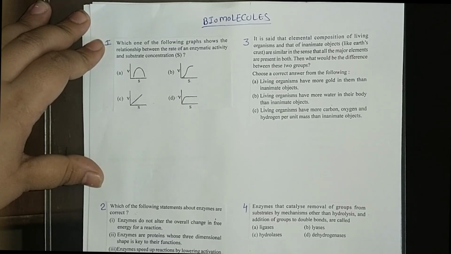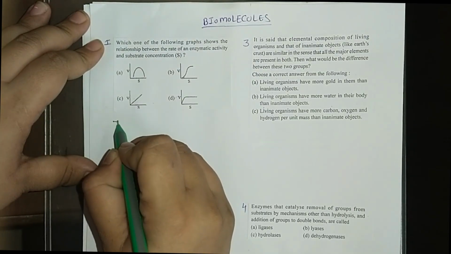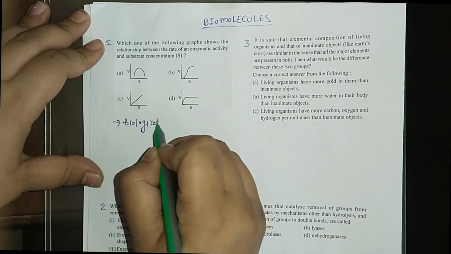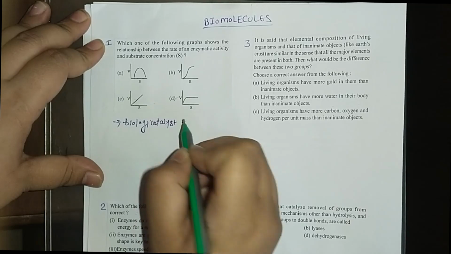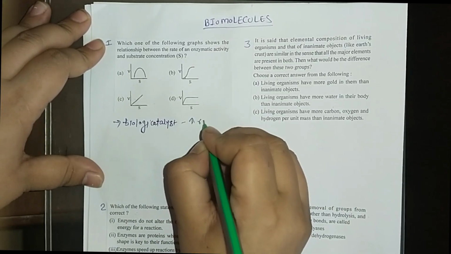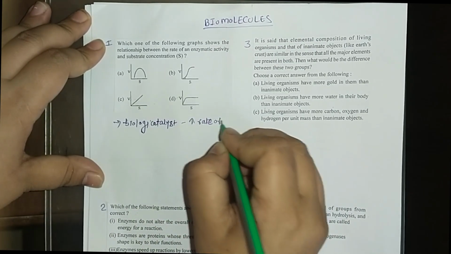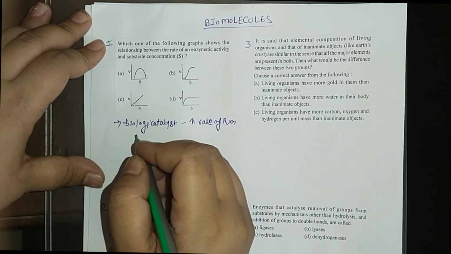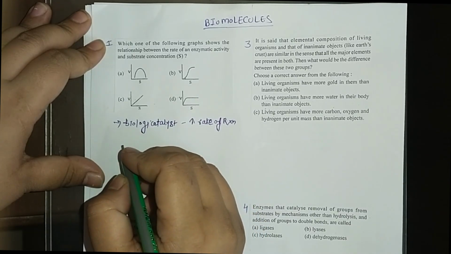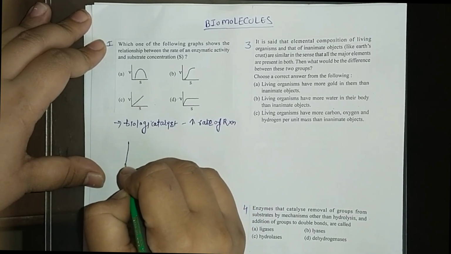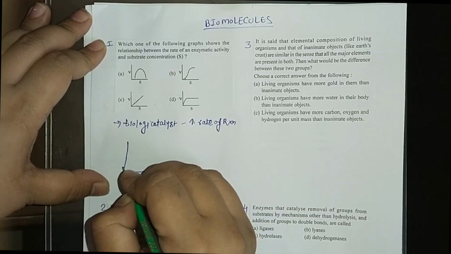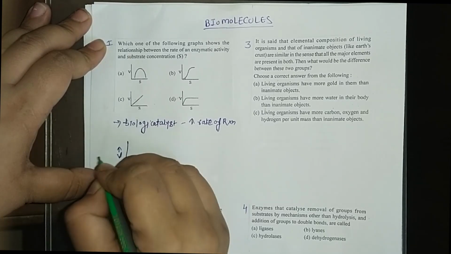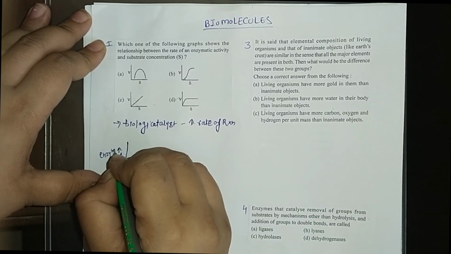As we have learned in the topic, enzymes are biological catalysts, and their function is to increase the rate of reaction. Since they are increasing the rate of reaction, the activity of the enzyme increases. If we make the velocity, this is representing enzymatic activity.